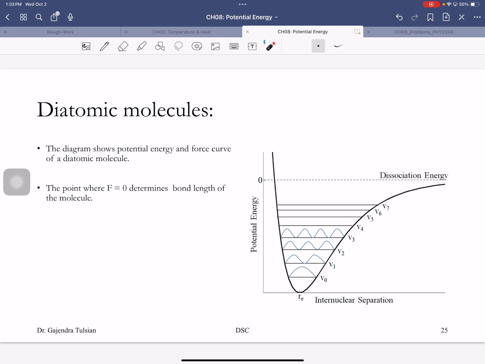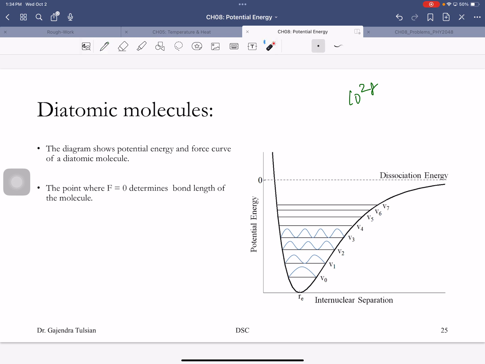So now the question is, here are two nitrogen atoms. How far apart are they? This room has about 10 to the 28 nitrogen molecules. And here's the answer to that.